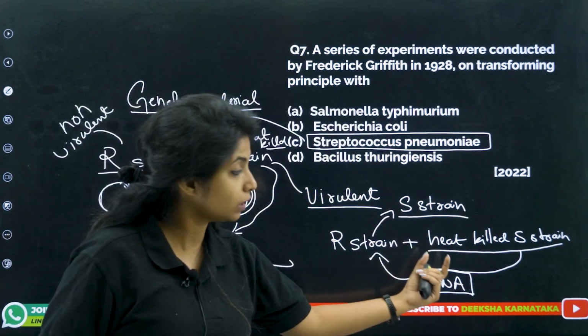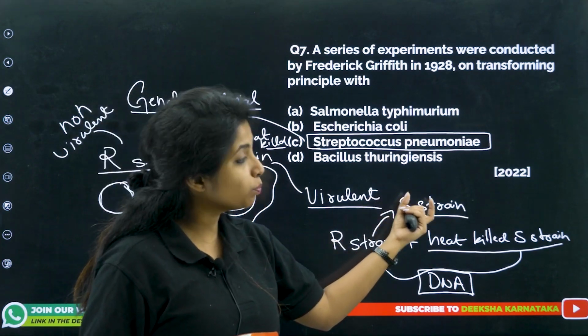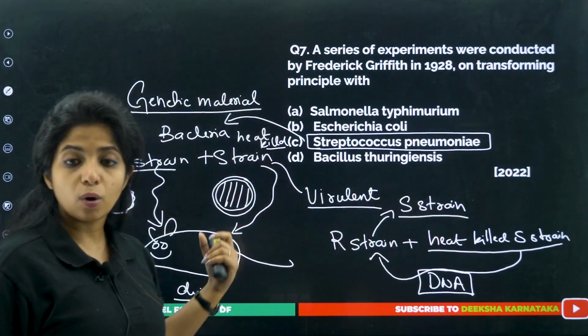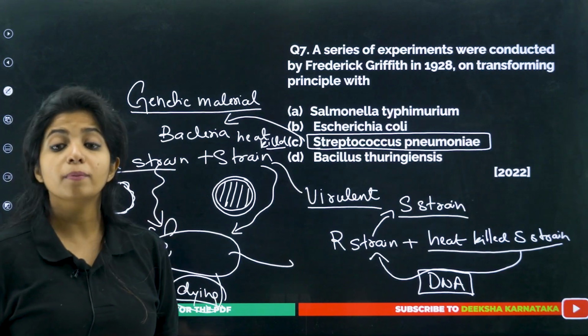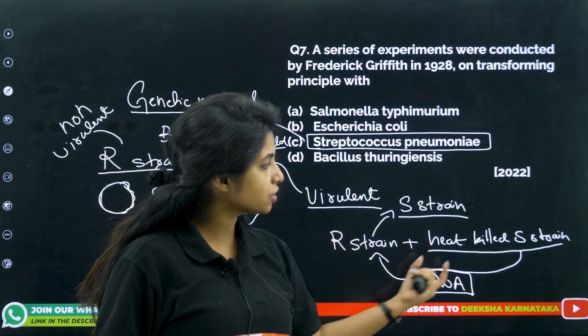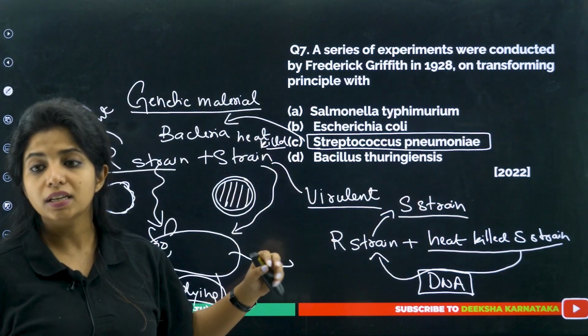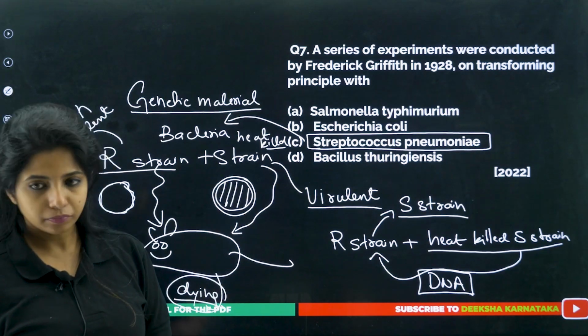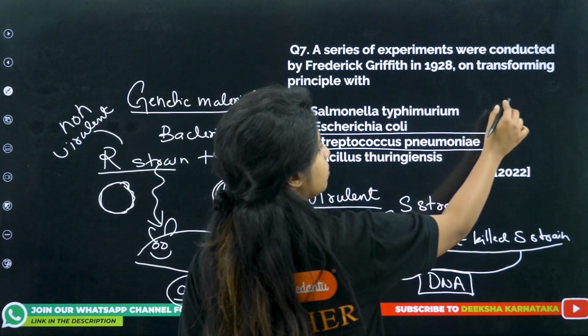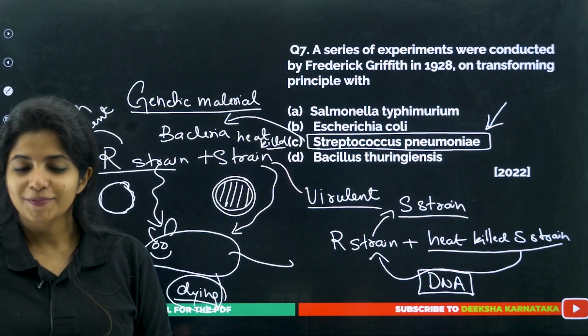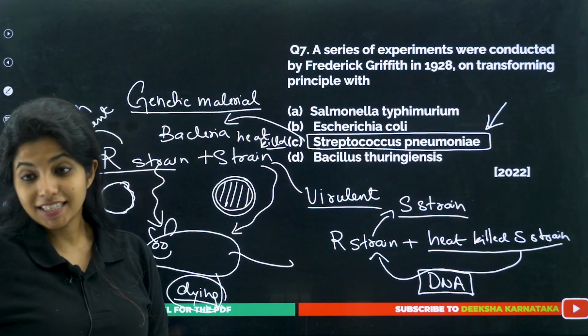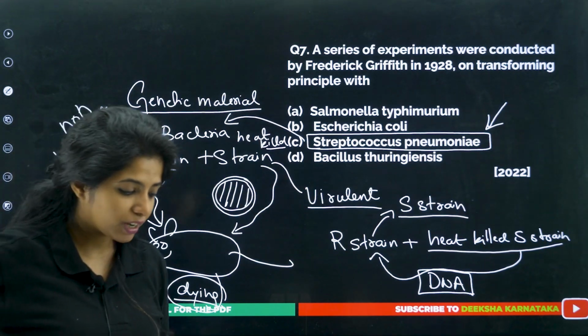So it survived and got passed on to this particular thing, which made it an S strain, and now S strain was the reason why it was dying. So this was the transformation principle. It was transforming the R strain to S strain, and this is what you call the transforming principle experiment. It was done with the help of Streptococcus pneumoniae, my dear children. This came in 2022. This is question number 7. So I hope you were able to understand.